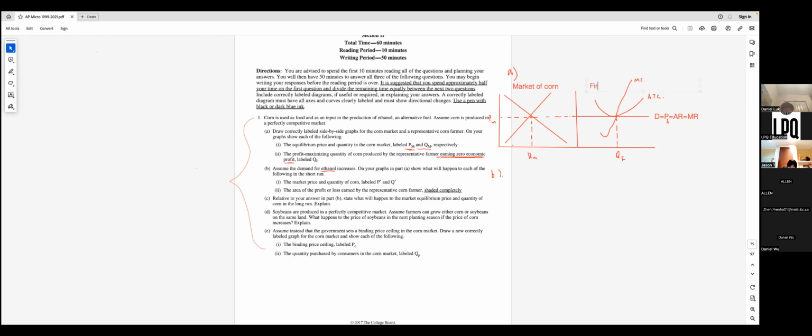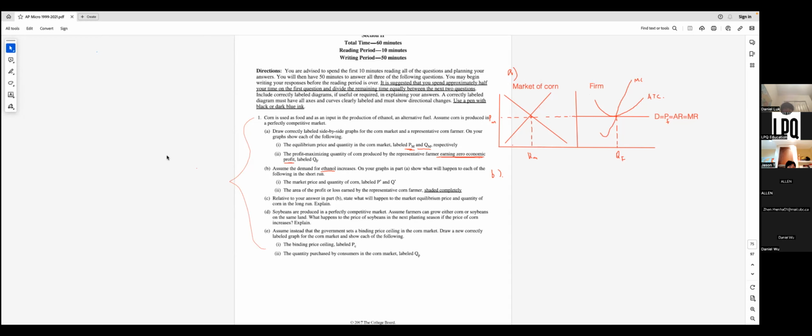So there's an individual firm. Corn is used as a food and as an input in the production of ethanol. So if the demand for ethanol increases, those ethanol producers maybe need to buy more corn.